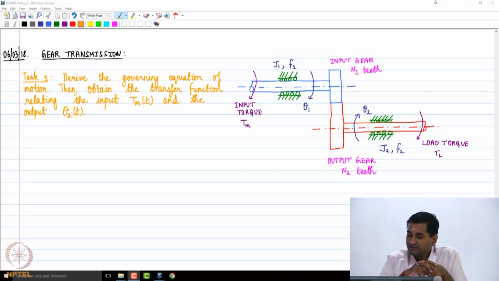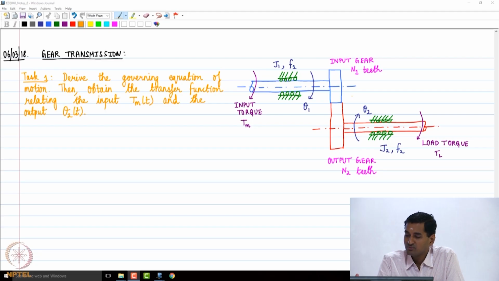The system that we are going to consider is a gear transmission, which is pretty common in many practical systems today. Let's say we have an input gear that has N1 teeth on it, meshed with an output gear which has N2 teeth on it.